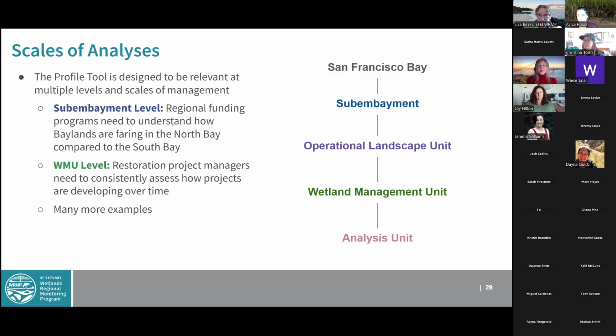At the wetland management unit level, a project manager of a restoration site will need to consistently assess how the project is changing over time. And there will be a time component incorporated into this profile tool in later updates. So our overall goal is to be able to address the needs of management at different scales.